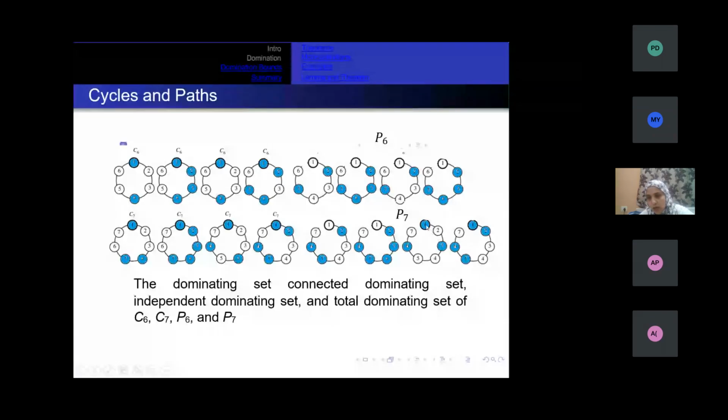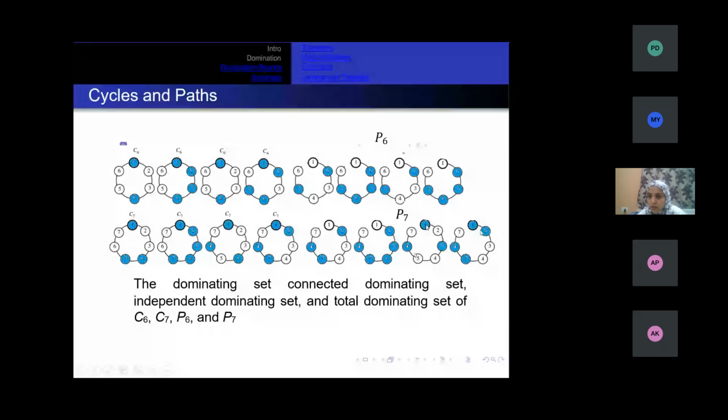Here we can see 1, 3, and 6. All 3 vertices are independent of each other. They are not connected to each other. So we are considering 1, 3, and 6. Not necessarily 1, 3, and 6 only. We can even take 2, 4, and 7 as well in the independent set. But the cardinality remains the same in both cases. Cardinality will be 3 for the independent dominating set.